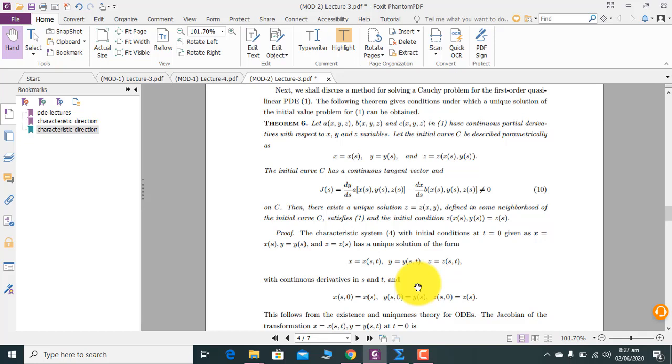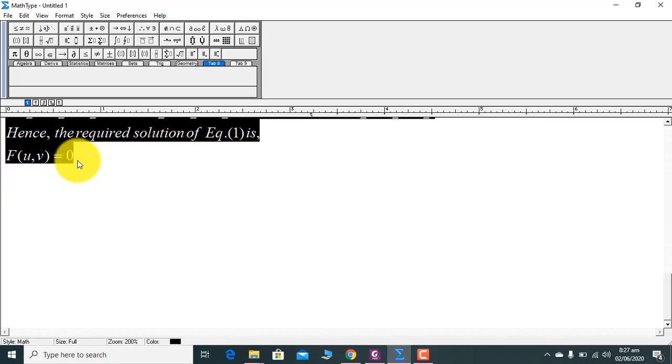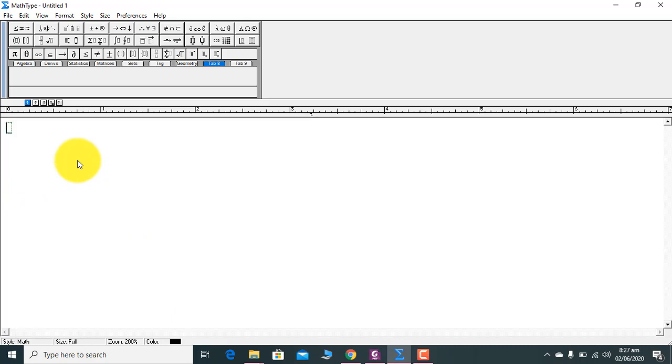Now we are dealing with the parameter s, so this will be called J of s, and this has to be non-zero. What is J? Actually, let us write formally what J is. So J, capital J, which is the Jacobian, is defined as a determinant.